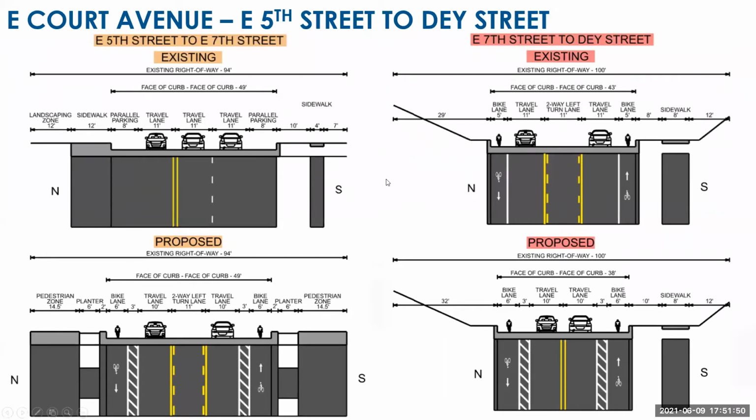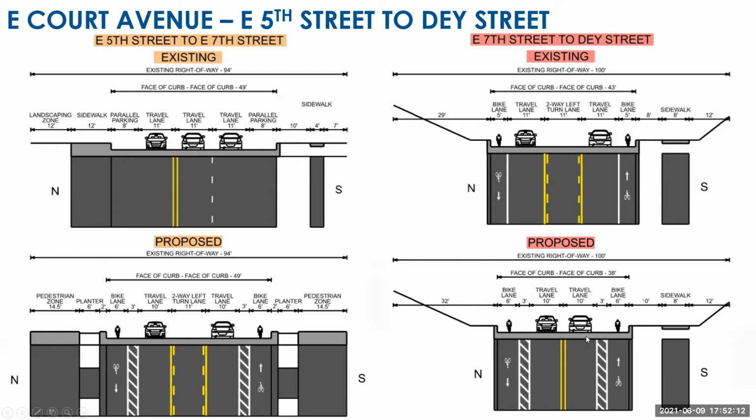But as we get farther to the east on East 7th, where there is an existing 3-lane cross section and just your conventional bike lanes with no buffer, traffic isn't projected to grow as much. And so this road is really overbuilt for what is needed.